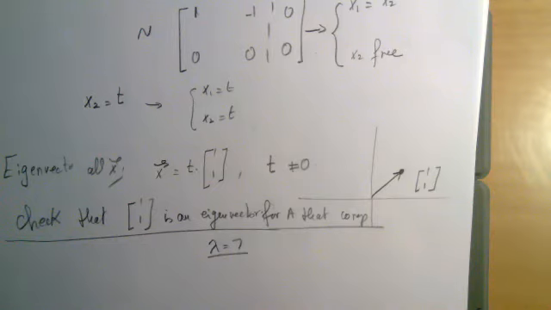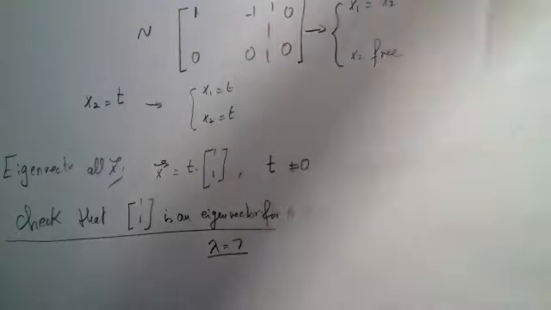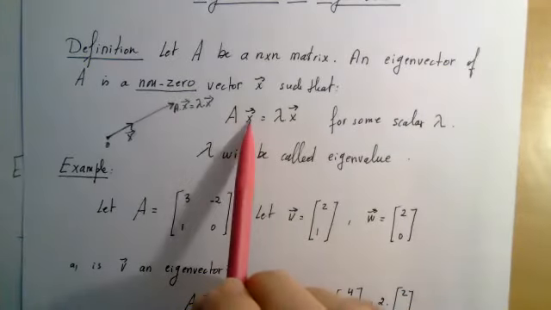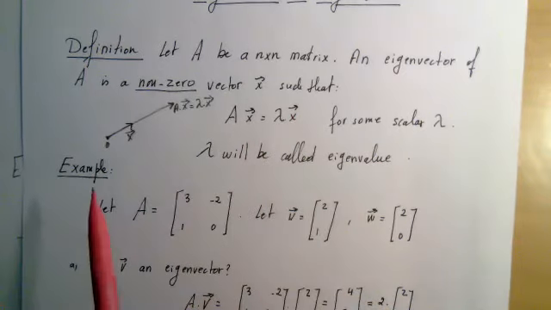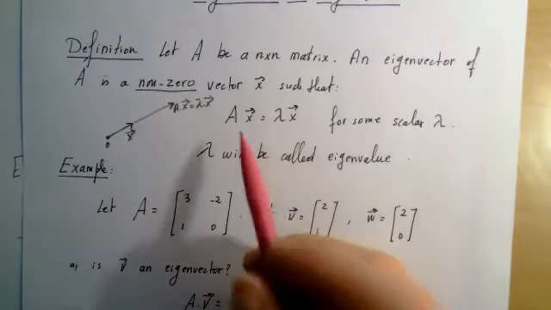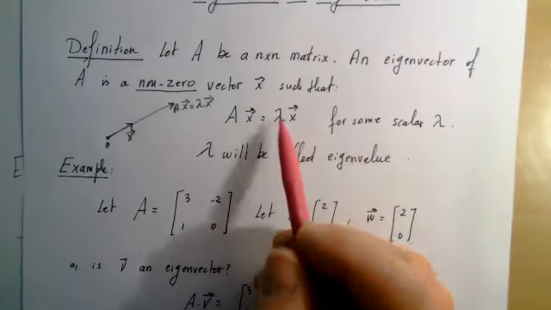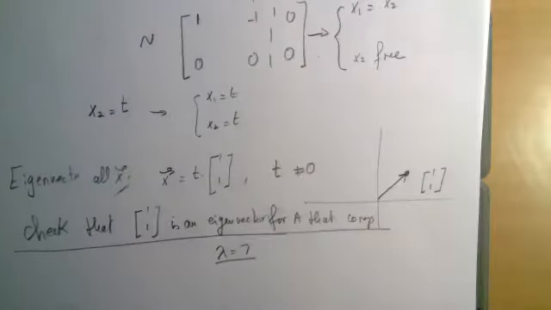So what's an eigenvector? We go back. It's a non-zero vector such that AX equals lambda times X. It means that when I multiply A by it, the effect of A is to stretch it, nothing else. Set T equal to 7, and then factor it out to get lambda equal to 7?